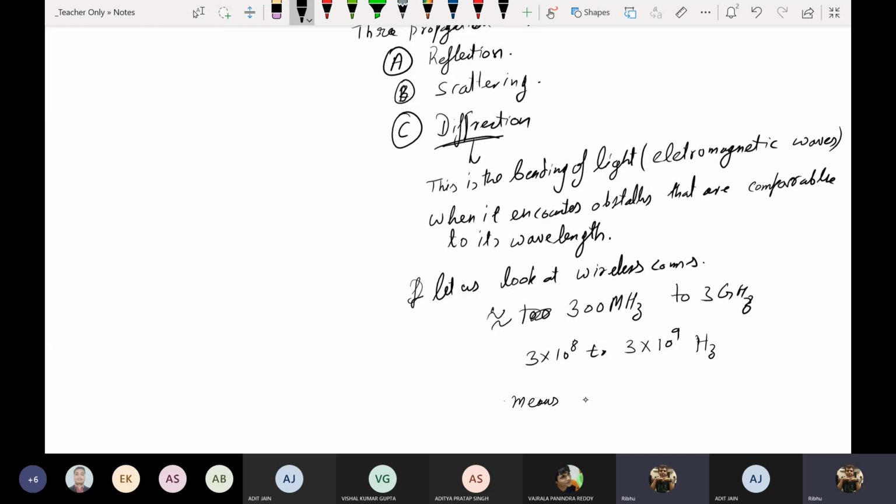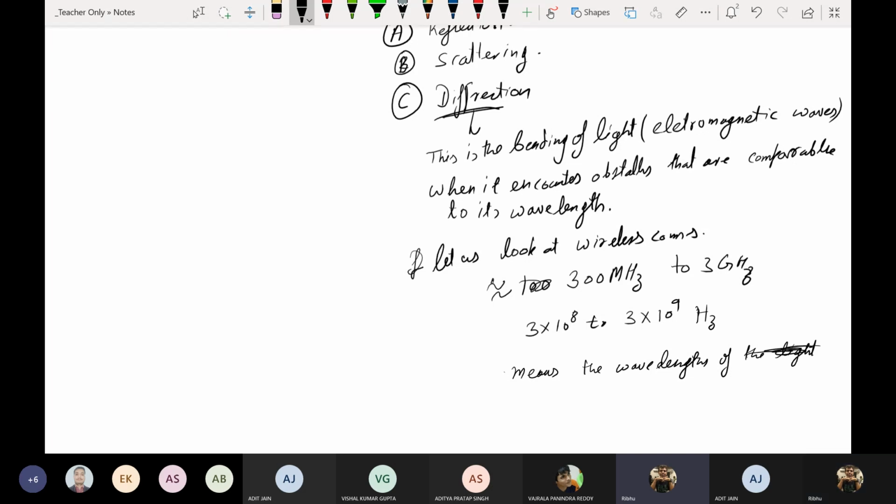This means the wavelengths of the light that we are working with are in the range.